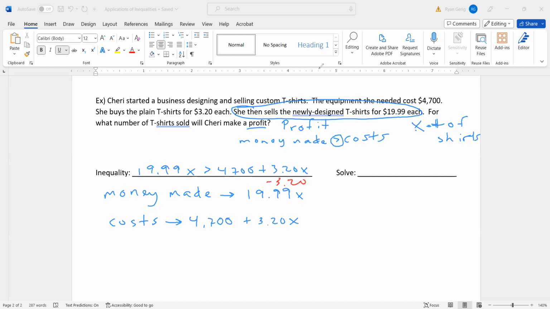Subtract 3.20 X. And I get 19.99 X minus 3.20 X is 16.79 X is greater than 4,700. Divide. It's not going to be a good number. Tell you that.